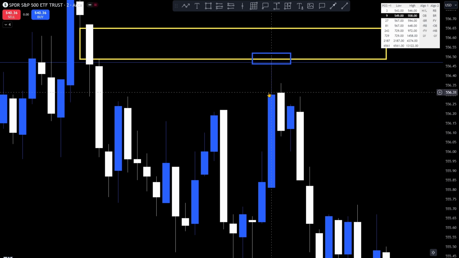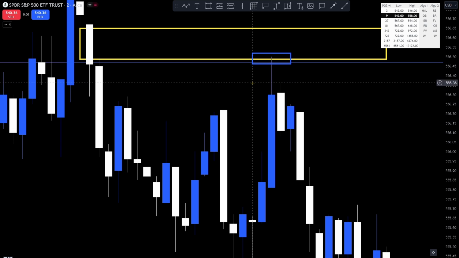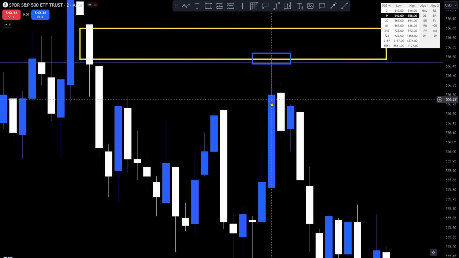This is 12/16, 12/17, or my bad, this is 12/16 and 12/17 in this candle. That's the one that rebalances your fair value gap. This candle, 12/16 and 12/17. I'm not going to say more about that. If you know, you know.